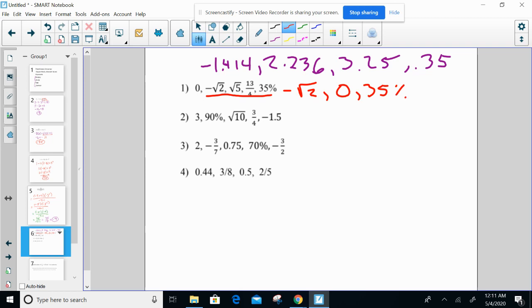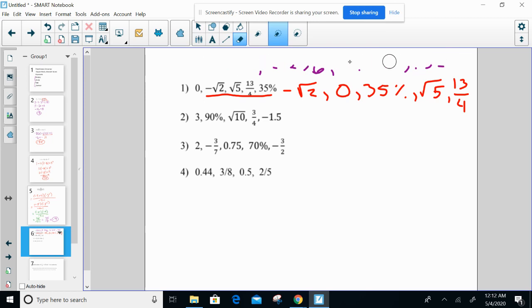And negatives are always going to be on the other side of 0, obviously, so negative square root of 2, 0, 0.35, and then 2.236, that was the square root of 5. Try and avoid that squeaking, and then 13 over 4. There we go. All right, we'll roll right through these ones then.